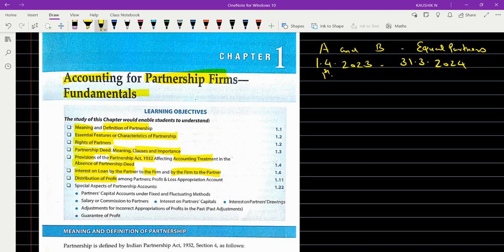This is their first year. In this first year, they have earned a profit of rupees 4 lakhs. Now, how to distribute this 4 lakhs between A and B? How will you distribute this value of rupees 4 lakh among A and B?